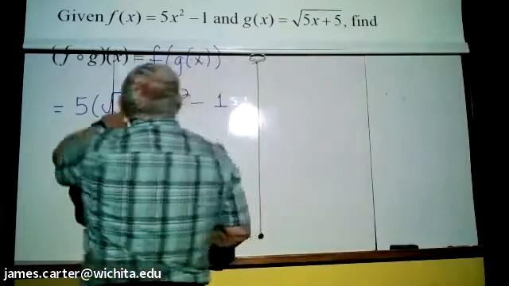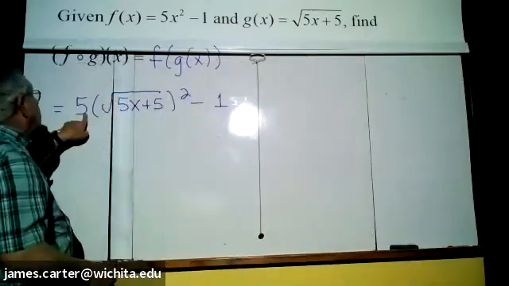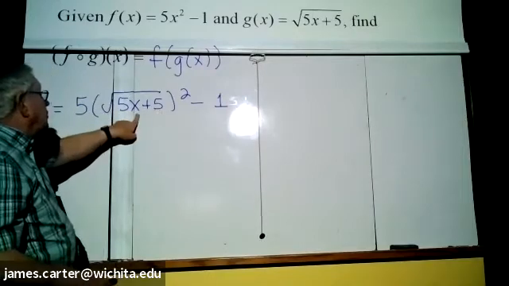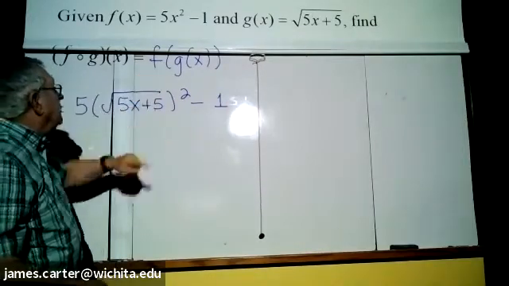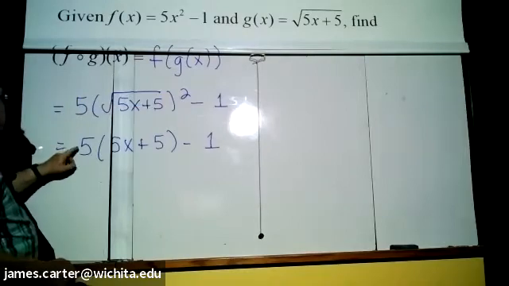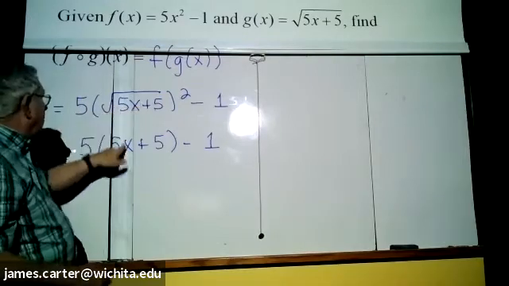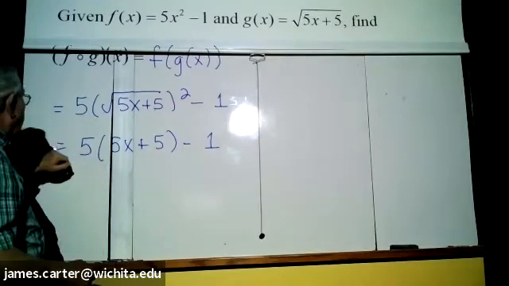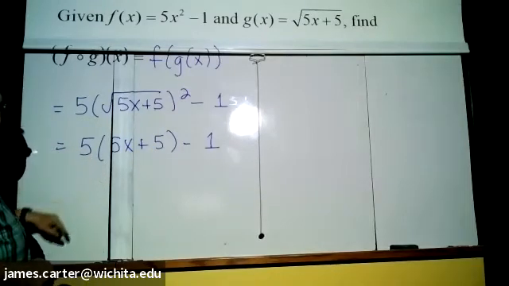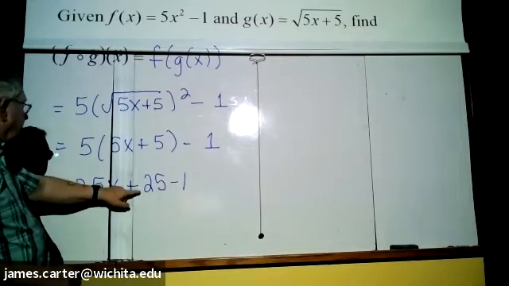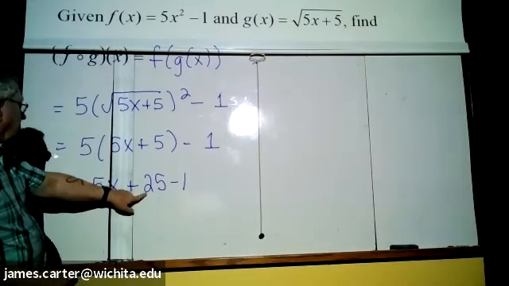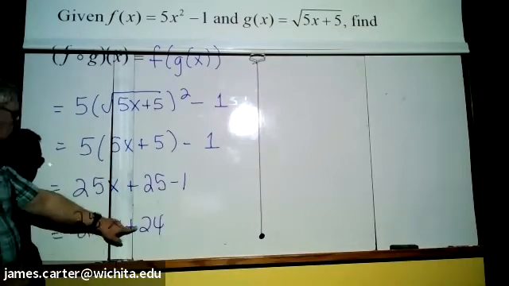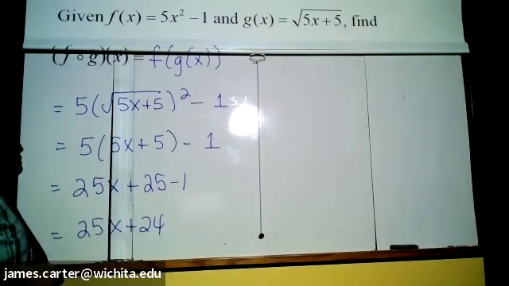So the 5 of x and the x squared with this substituted, minus 1. Okay, this squared is 5x plus 5. Now we need to distribute this: 25x plus 25 minus 1. With a final simplification, we've got this line.